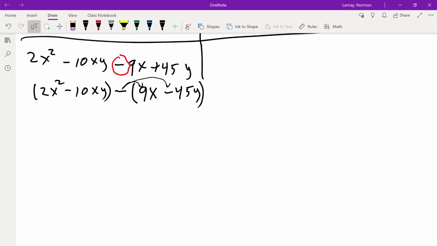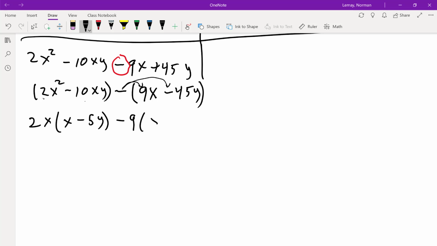All right, so notice here we've got a 2 and a 10, so 2 looks like the greatest common factor that we can pull out. And here we've got an x in each one, no y's to worry about, so I'll pull out an x. So here we're left with x minus, looks like 5y, minus. The greatest common factor here, I'll factor out a 9.